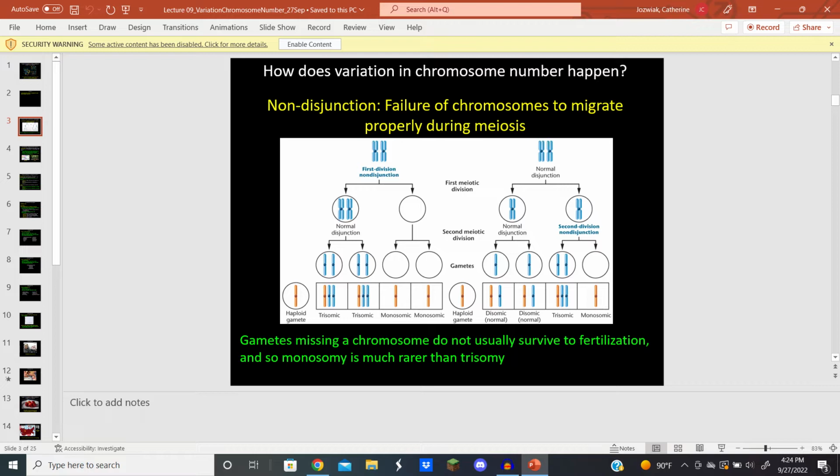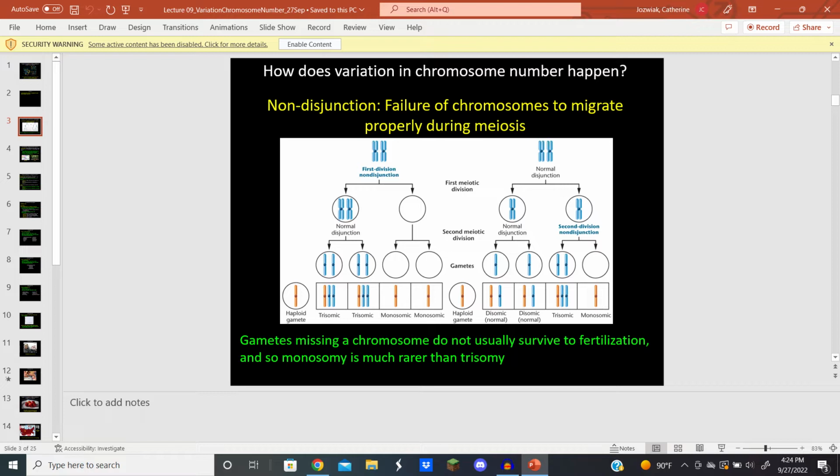Just to reiterate some things we talked about last week, we did mention non-disjunction as being the leading cause of aneuploidy for sex chromosomes. And that's true of autosomes as well. Non-disjunction is simply the failure of chromosomes to migrate properly during meiosis. For any set of chromosomes, we can have a failure to migrate properly in the first division of meiosis.